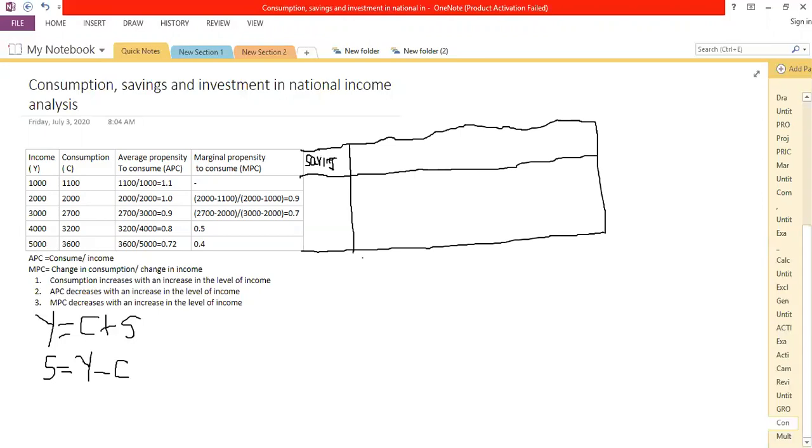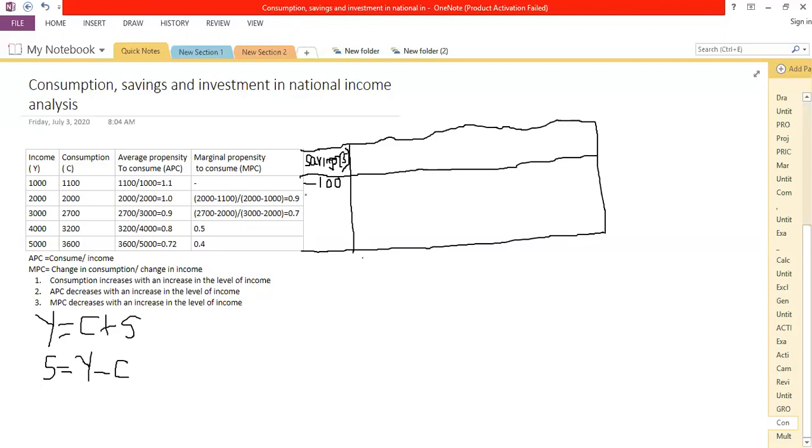And I'm going to call the savings capital S, and that is the letter that is usually used under the national income analysis. So our capital S, the savings, will be given by the difference between the income and the consumption. When we consume 1,100 at a level of 1,000, the income, there's a debt, so we register a negative value of the savings in the nation.